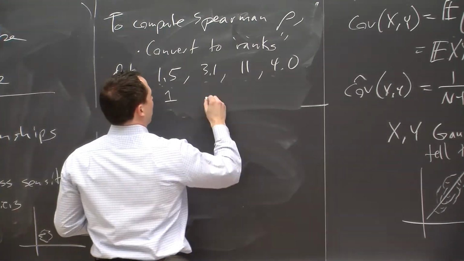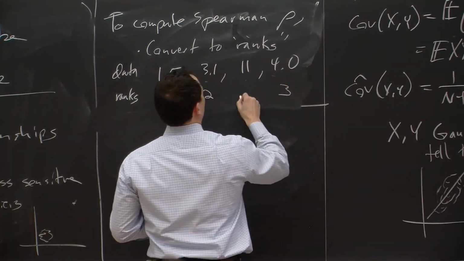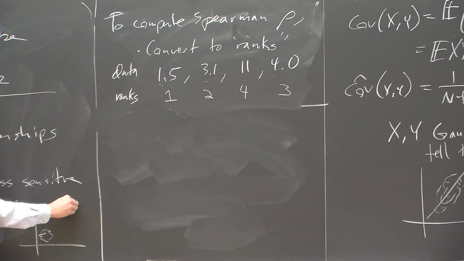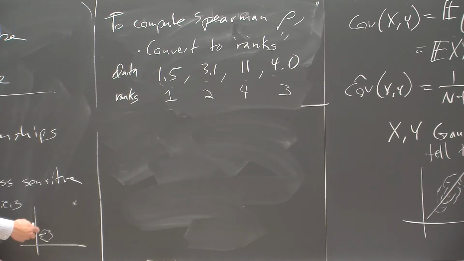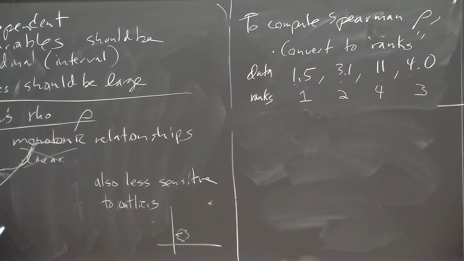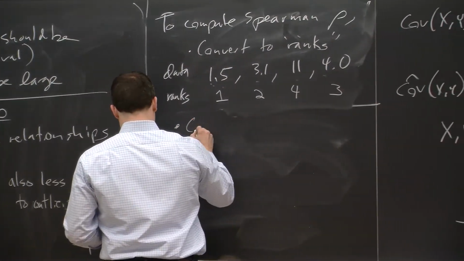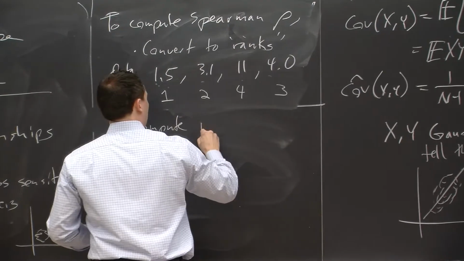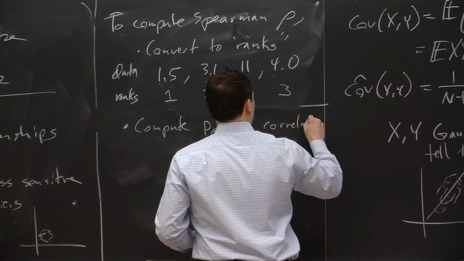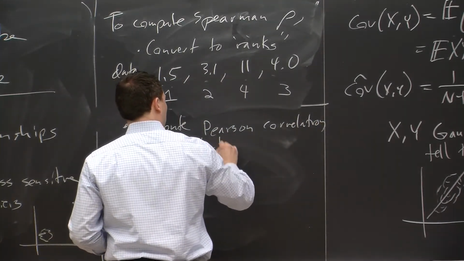The next smallest one is 2, the next smallest after that is 3, and the largest one is 4. So you can see that's why this thing, instead of becoming 11 or 100, just becomes the highest rank. So we convert to ranks, and then we compute the Pearson correlation of these rank transformed values.